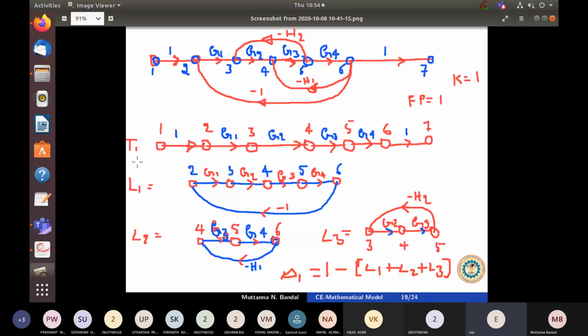Can you see this T1 and L1? T1 is a forward path, right? And L1 is the loop. Check whether this loop is touching the forward path. Where is loop 1 touching the forward path? It is touching at the 2, right?